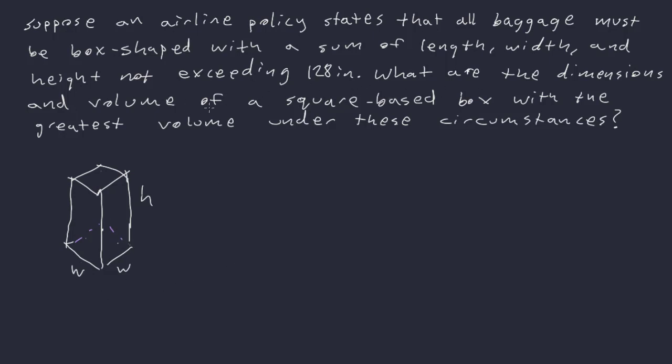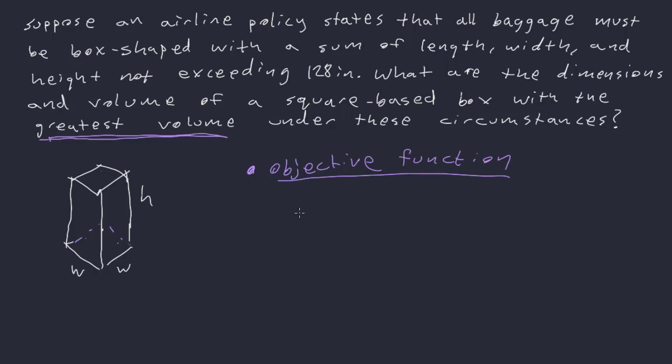Okay, so what are the dimensions and volume of a square-based box with the greatest volume under these circumstances? Well, greatest volume tells us our objective function, and our objective function is the volume. We want to maximize the volume, and the volume of a box is length times width times height, but in this case, length and width are the same, so we could write this as width squared times h or length squared times h.